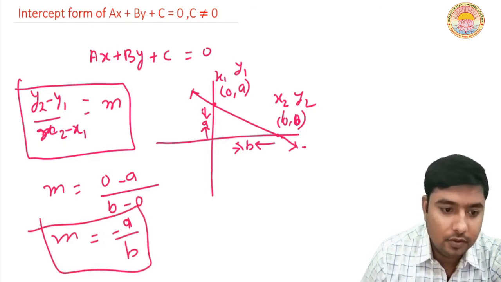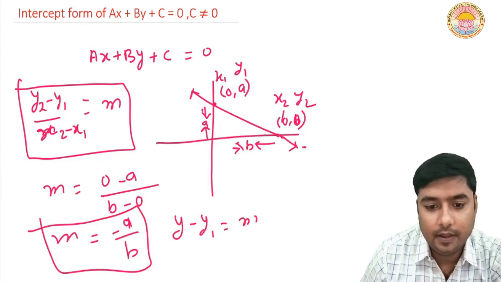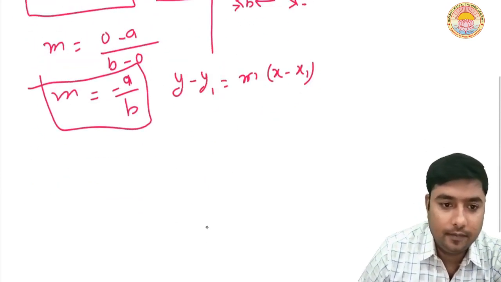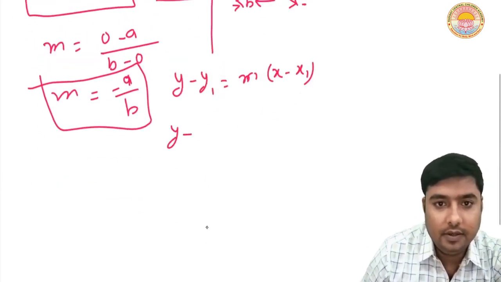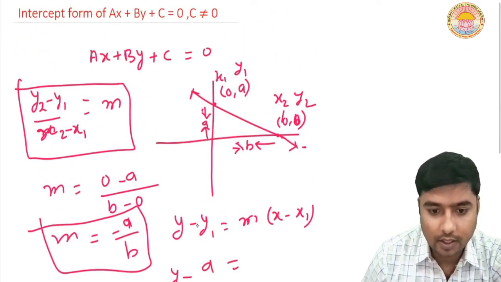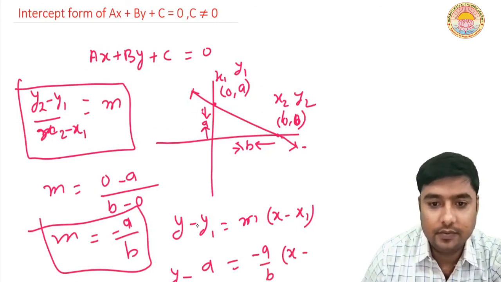This is also the slope. We know that y minus y1 equals m times x minus x1. So we write y minus y1, where y1 means a, into m, minus a upon b, into x minus x1, where x1 means 0.